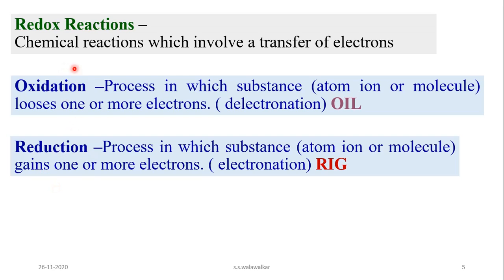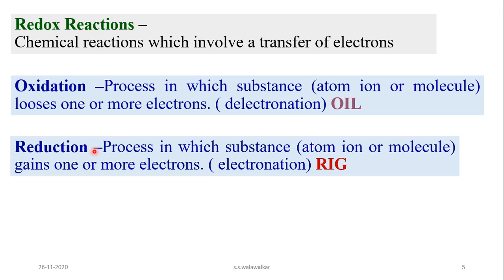Remember here, all these are very important terms: oxidation, reduction, oxidizing agent and reducing agent. Oxidation is a process in which a substance loses one or more electrons, so it is de-electronation. And an oxidizing agent is a substance which accepts electrons and forces another substance to lose electrons. Therefore, as it gains electrons, it itself undergoes reduction.